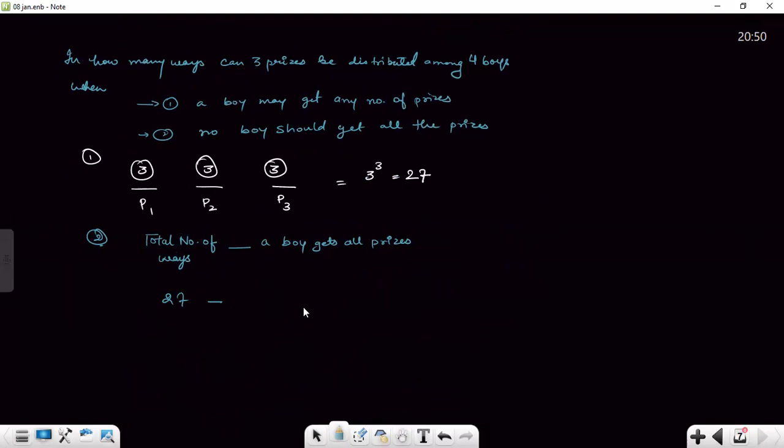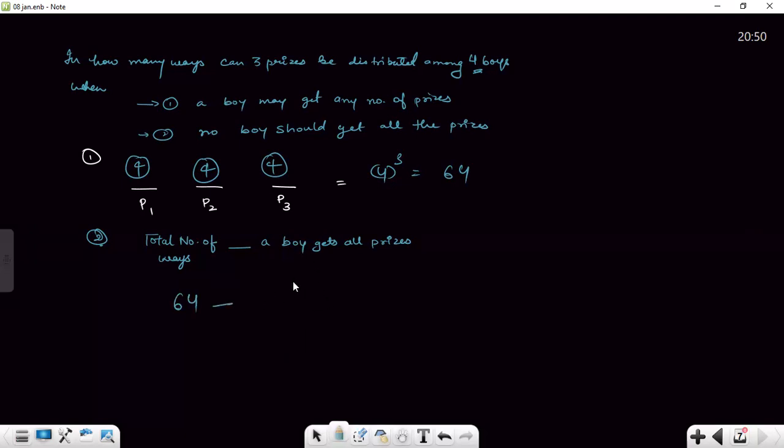Minus, okay, we have made a mistake here. There were three prizes, but four boys, not three boys. So for prize one, there are four boys to get it, four choices here also. 4 raised to power 3: 4 into 4, 16, into 4, 64. Instead of 27, we'll write 64 as the total number of ways.